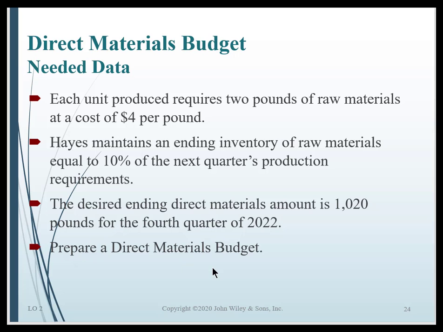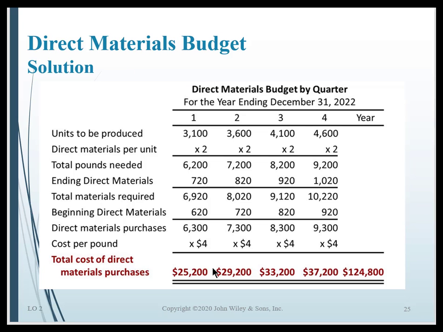So now we have to prepare the direct materials budget. How do we do that? Well, here are the units that we got from up above that we're going to produce every month. Direct materials per unit. There's 2 for every unit. So that means we're going to have, in pounds, this is the poundage we need.